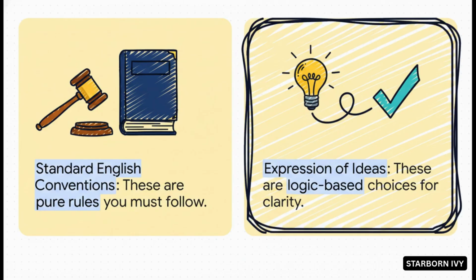On one side, you've got standard English conventions. These are the hard and fast black and white grammar rules. Think punctuation, making sure your subject and verb agree, that kind of stuff. Then on the other side, you have expression of ideas. This bucket is all about logic. Is the sentence clear? Is it concise? Does the transition word make sense? Is this sentence even relevant here? Every question fits in one of these two buckets.